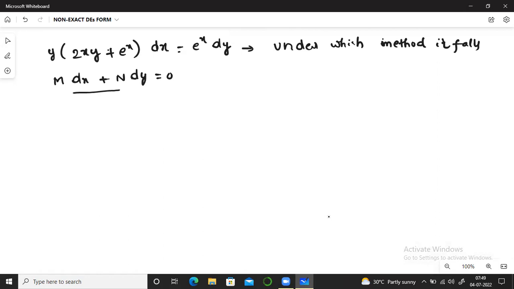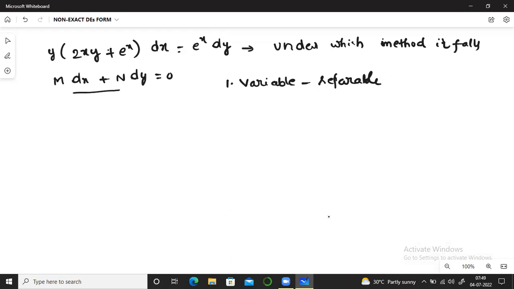So this question, generally not only non-exact, by using another method also you can solve this problem. So firstly, by seeing this question, what is the first method? You have to check whether I can do it by using the variable separable method or not. See, immediately you have to inspect all these things. You should not take much time to think about this.